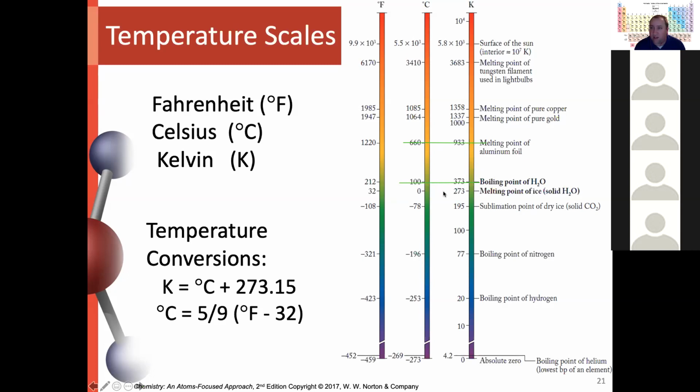And so what's actually kind of interesting about these is that the Kelvin scale and the Celsius scale are scaled the same way, just with one important difference. And that one important difference is this correction factor right here, 273.15. The Kelvin scale is basically 273.15 degrees higher than the Celsius scale is.